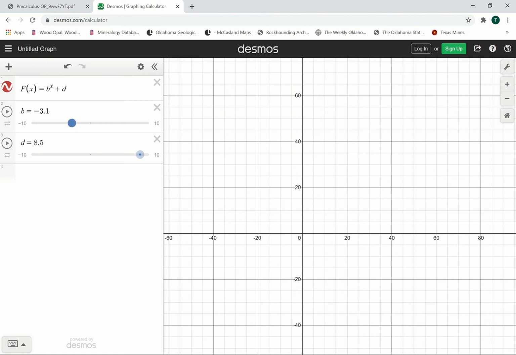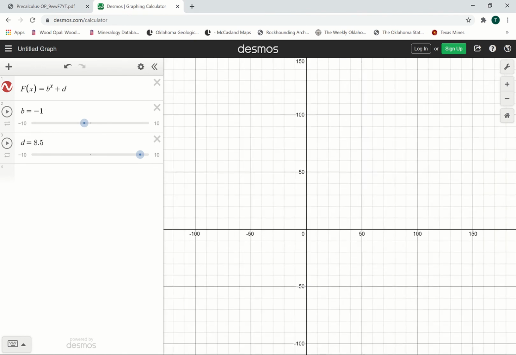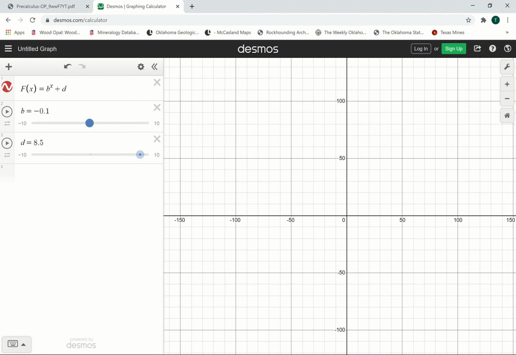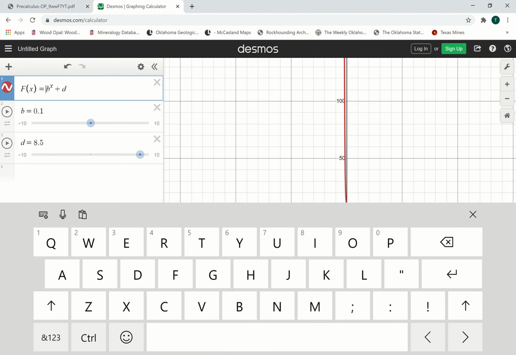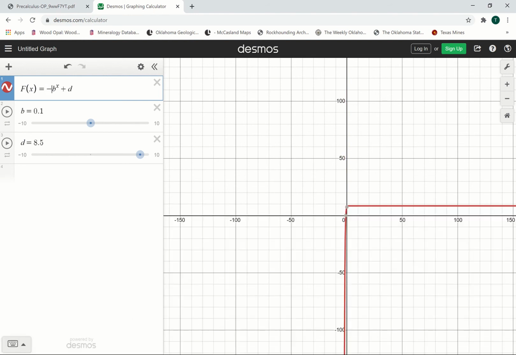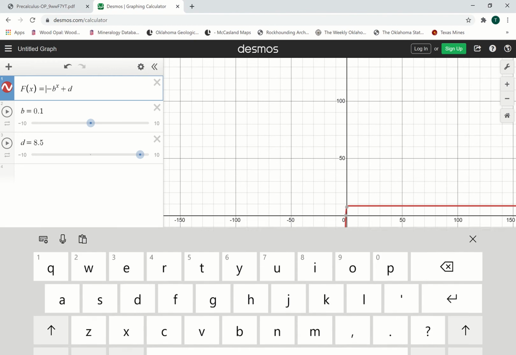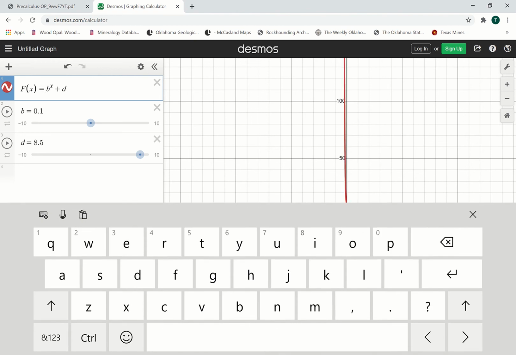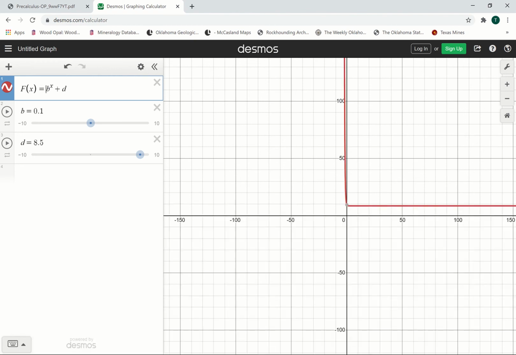Now let's look at a decay function. Oh, right, b can't be negative. So we're going to look at some type of decay function.